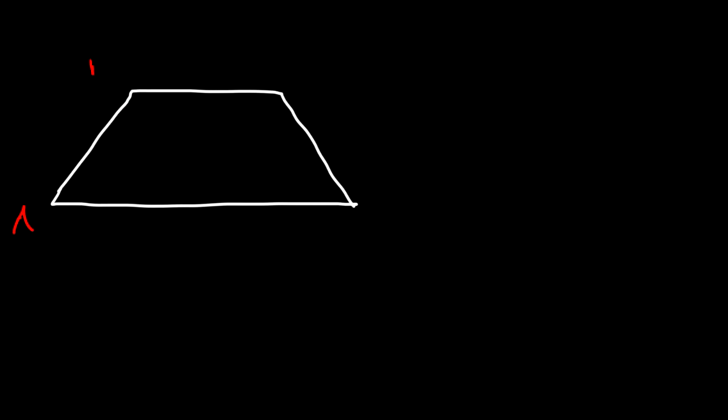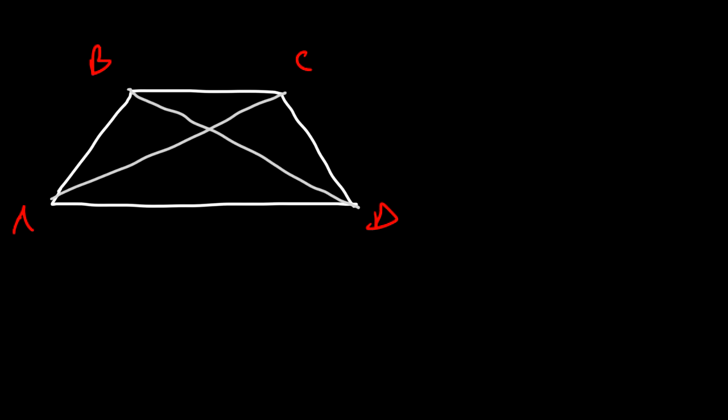So given this trapezoid, and let's say we have these two diagonals, let's say that AC is 5x plus 4.